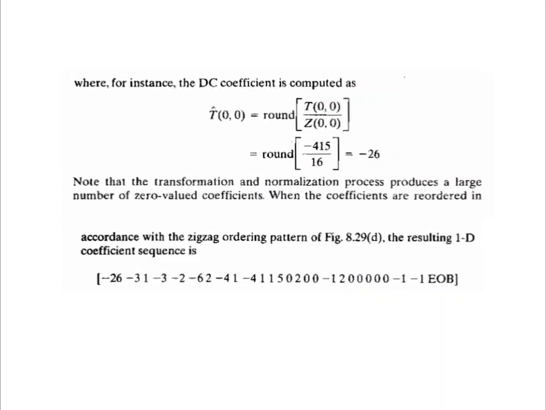A special EOB Huffman code word is provided to indicate that the remainder of the coefficients in a reordered sequence are 0.